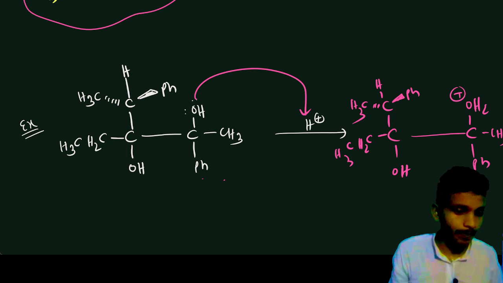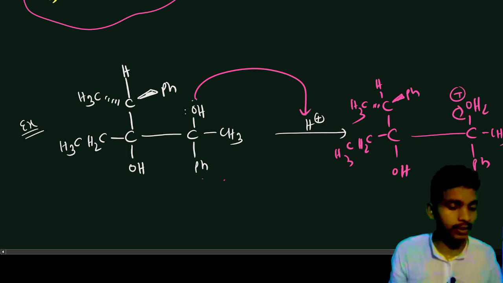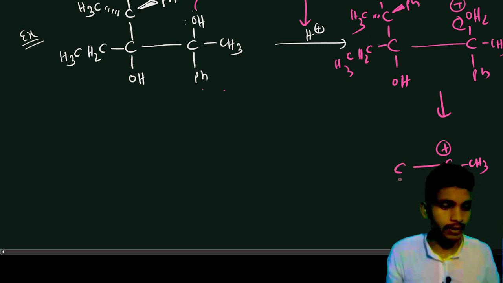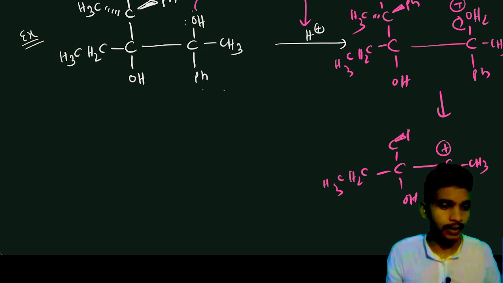Now what will happen? This is going to shift. So this is going to form the carbocation, and this is CH3, and this is phenyl, and this is C, and here we have OH, and here we have CH2 CH3, and here we have C, Ph, and here we have H, and here we have CH3.